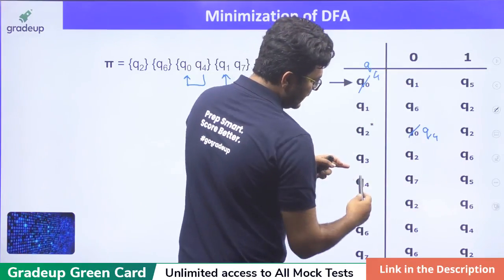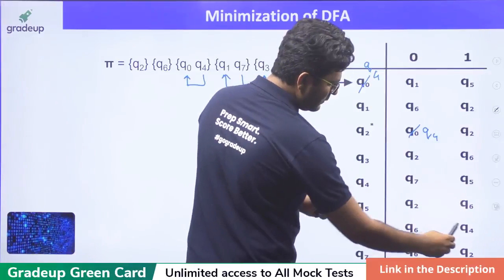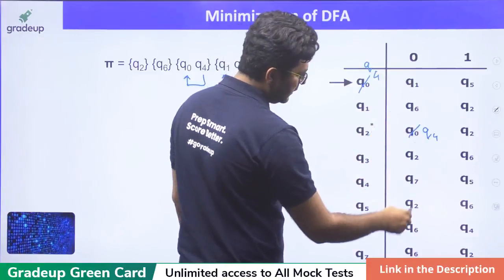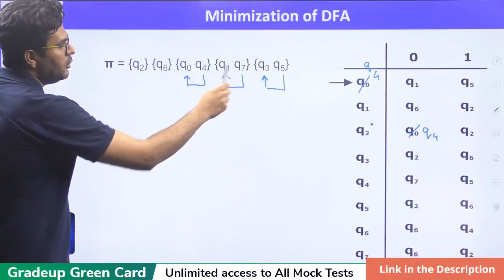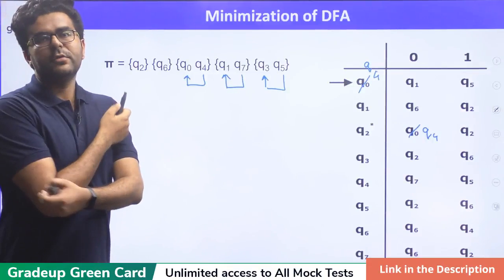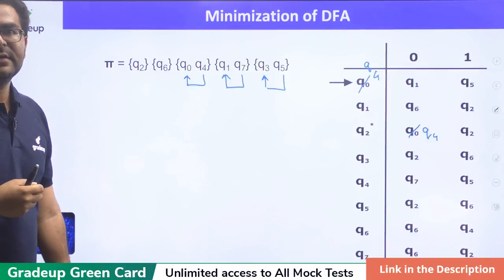Is there any other Q0? No. Only one place. Next, we need to check for Q1 and Q7. Is there any short method for minimization? No, guys. We don't have any short method for minimization. The next method will be table filling.